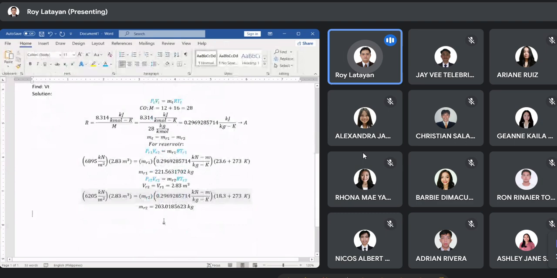So looking at the values, solving yung sa reservoir, may initial tayo na 221, ang final state natin ng reservoir, bumaba yung pressure, bumaba yung temperature, ito na yung MR2 natin. So as you can see, nagkaroon ng decrease, yun nga yung lumipat dun sa tank natin.